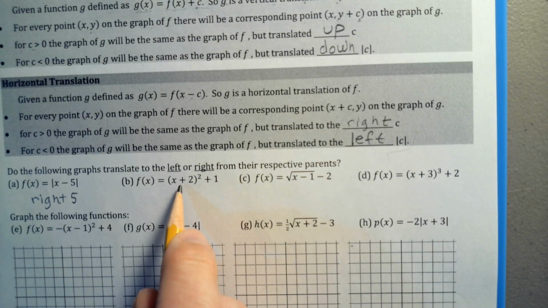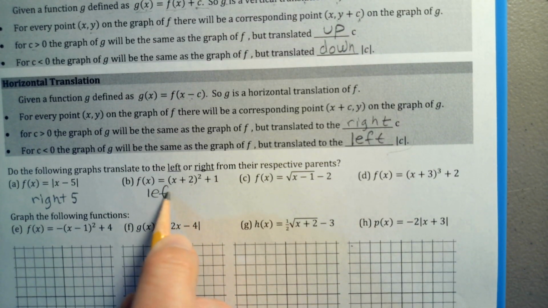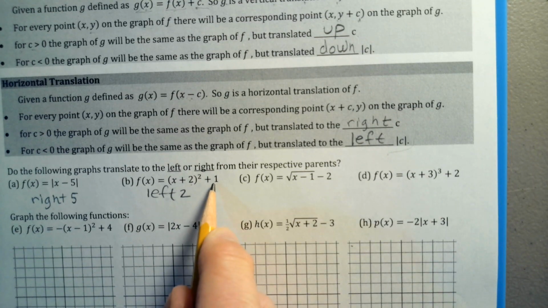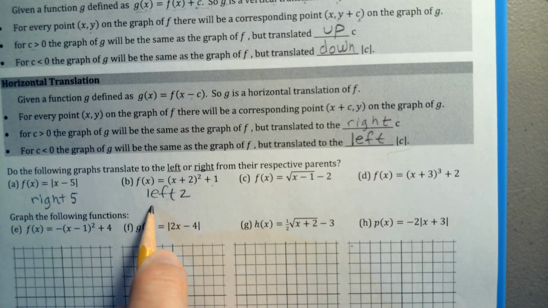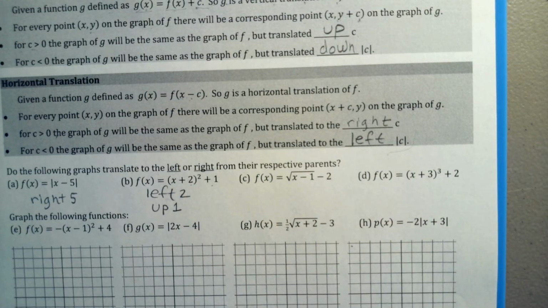This one is plus 2, so that means it's going left 2, and then this plus 1 says it's going to go up 1. So the vertex, or that key component that we start with at the origin, is going to go left 2 and up 1.